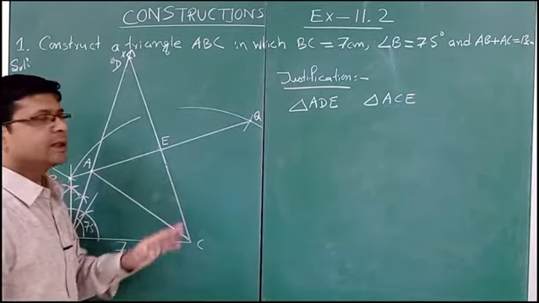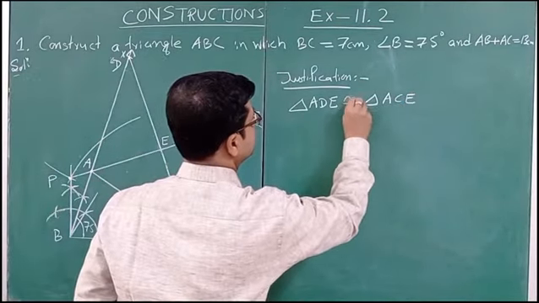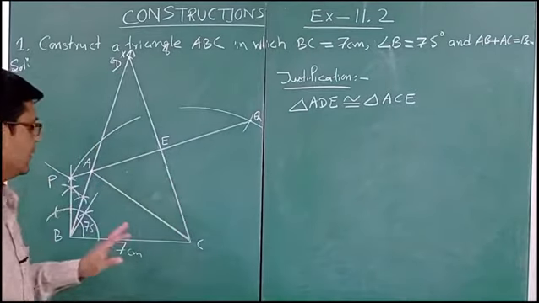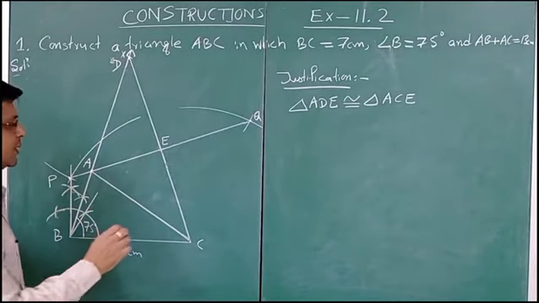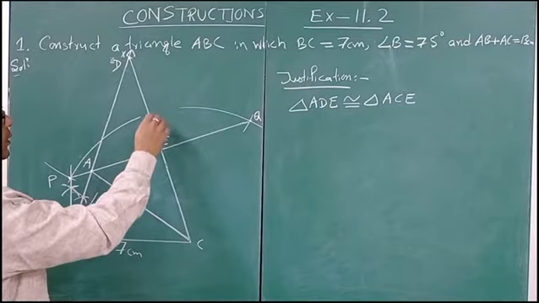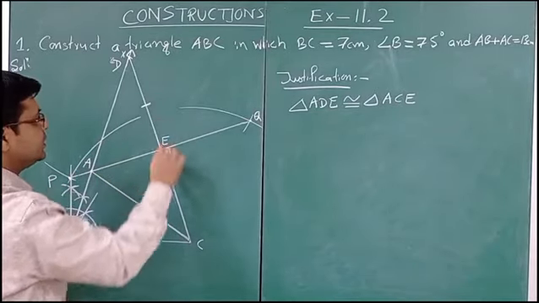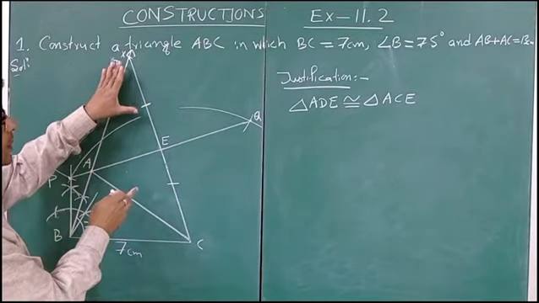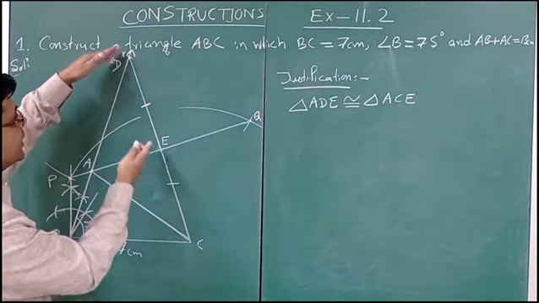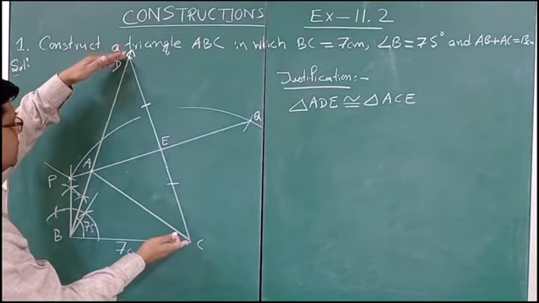Now these two triangles are congruent. Why are they congruent? Because the thing is very simple. We have drawn PQ as the perpendicular bisector, which means it divides CD into two equal parts.